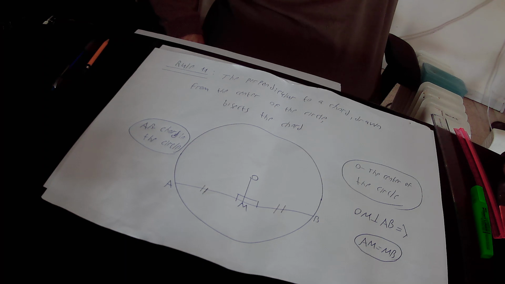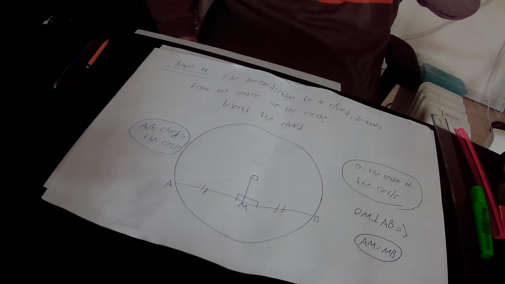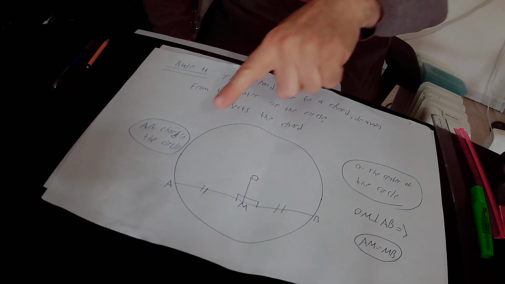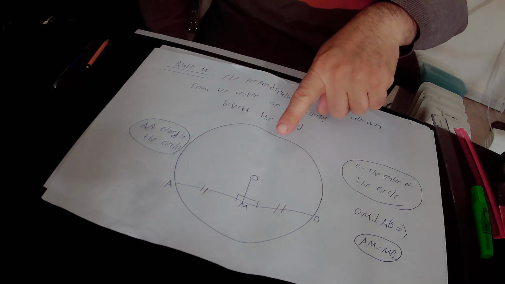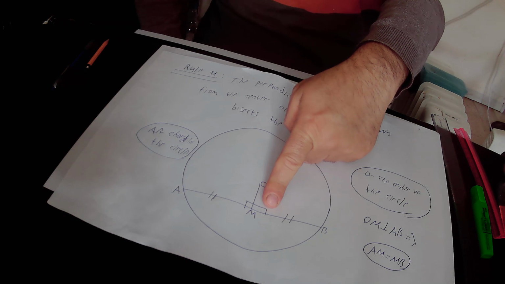According to rule 11, the perpendicular to a chord drawn from the center of the circle bisects the chord. So in the drawing we have a circle, the center of this circle is here at point O. From point O we draw a perpendicular on chord AB. So this angle equals 90 degrees and this angle equals 90 degrees according to our construction.